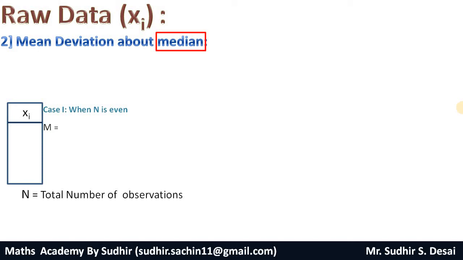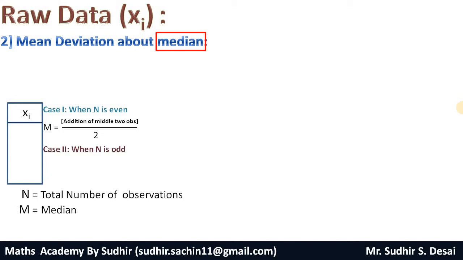Then in that case the median, denoted by the letter m, is calculated by the formula: addition of the middle two observations divided by 2. This is the formula when n is even.